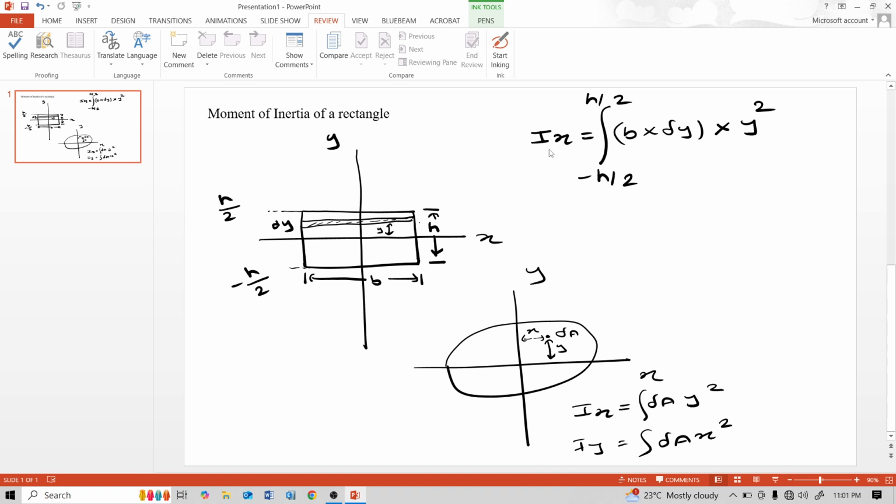The distance between the x-axis and this small elemental strip is y, so we take y square, and for the whole rectangle we integrate with boundary conditions minus h by 2 and h by 2.